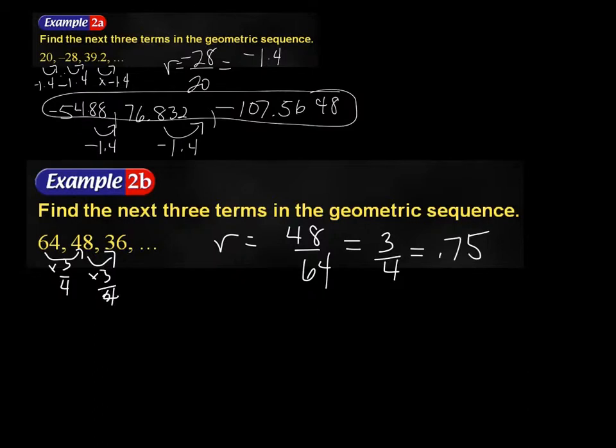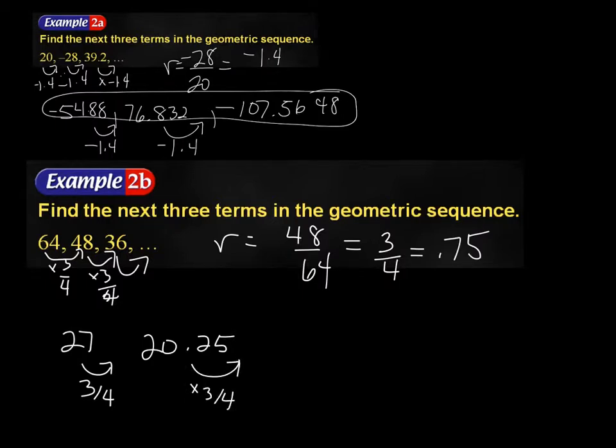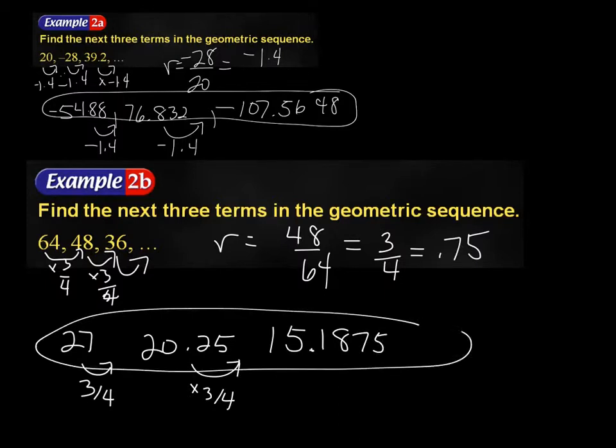And now the question begins. What do I get next? 3/4 of 36 was 27, and now, okay, it's not going to come out even anymore. I get 20 1/4 times 3/4 again, and I get 15.1875. Again, with a calculator, not bad at all.